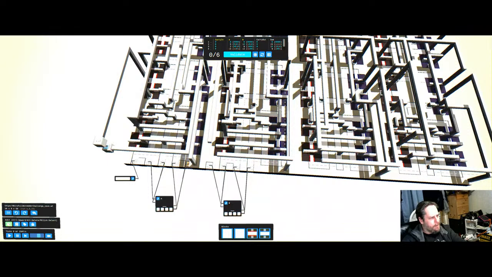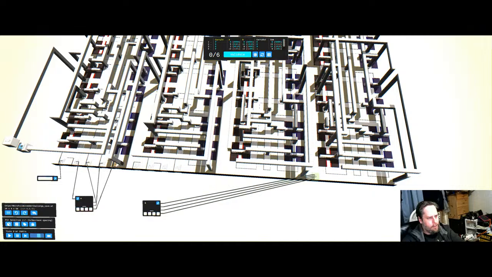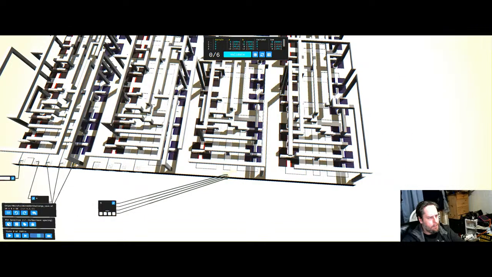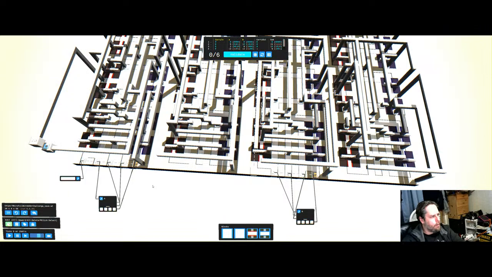I might need to give myself some more room, huh? Because these are in clusters, aren't they? Yeah, I think. And that's all touching. That's not going to work.